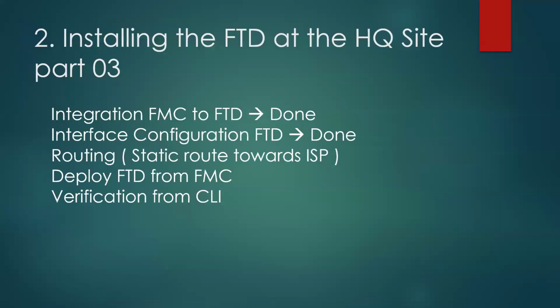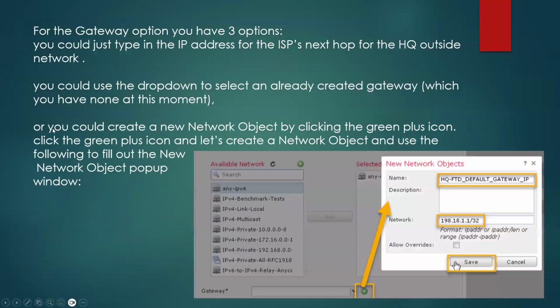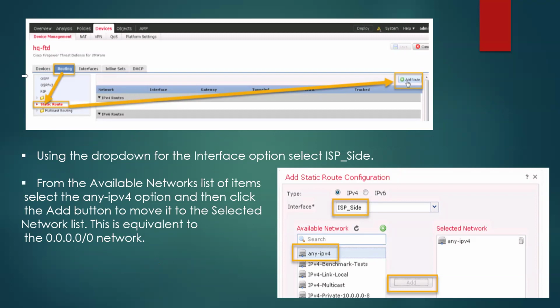We can go and assign the interface, give the name, assign the zone, and then the IPv4 address. Easy and straightforward. Now, if we have some sort of routing configuration, we can go to devices, device management, routing. If we want to create a static route or OSPF, we can see the options are here for different routing protocols: OSPF, RIP, static route, multicast route.